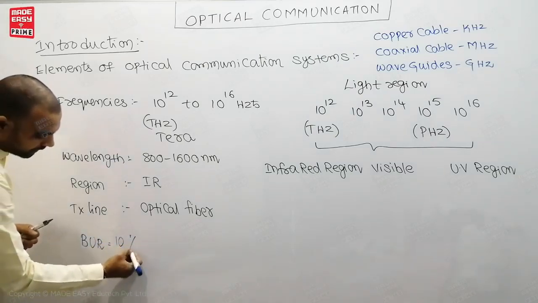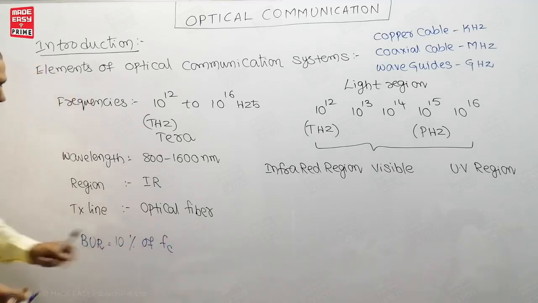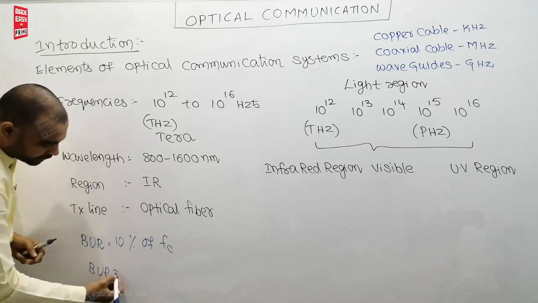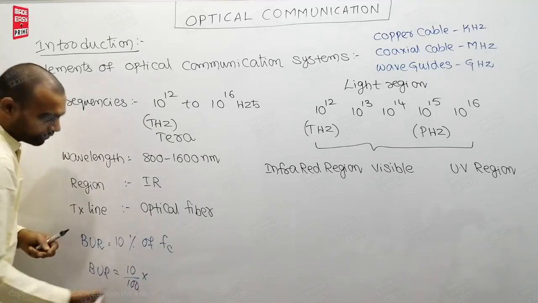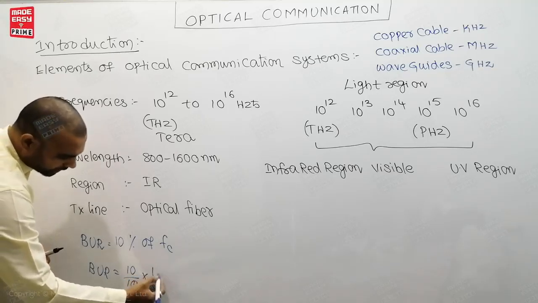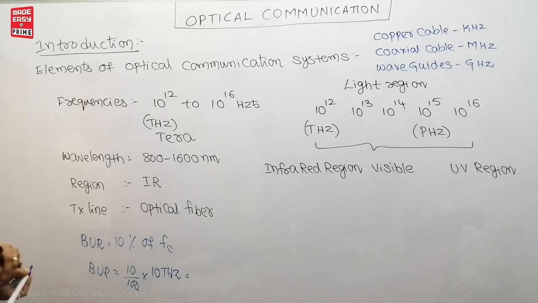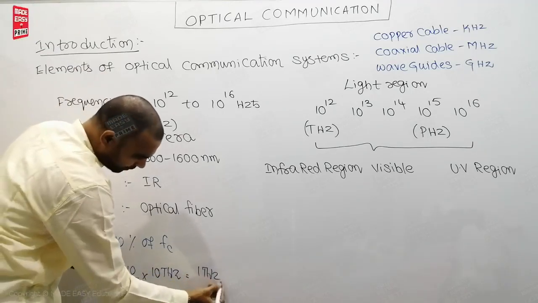BUR is going to be 10% of the carrier frequency FC. If your FC is in terahertz, then your bandwidth utilization ratio is equal to that times 1 terahertz. If you take particularly 10 terahertz, then automatically we are going to have 1 terahertz of bandwidth.